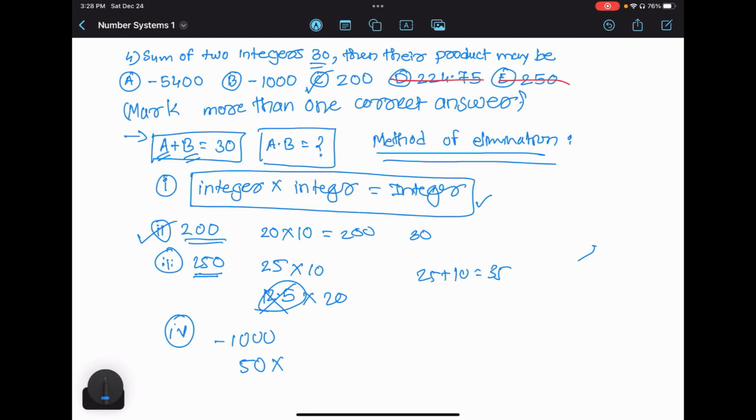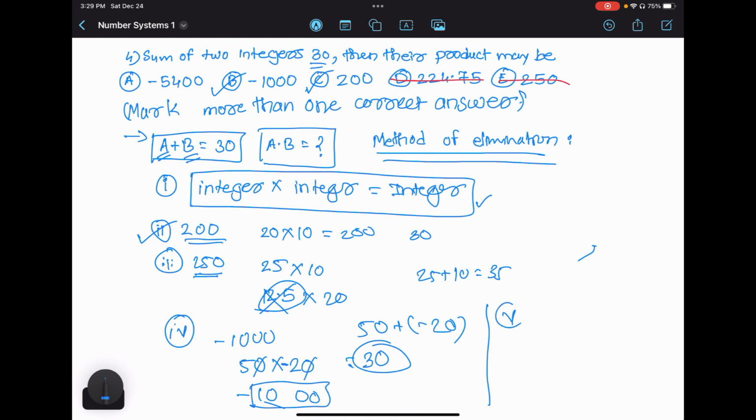If we multiply by 20, then it gives me 1000. But we again have to make the addition 30. To make it 30 and to make this 1000 negative, we need one value which is negative. So let's consider 20 is negative, which will make the 1000 negative, and 50 plus minus 20 will make 30. So yes, minus 1000 is one of the answers.